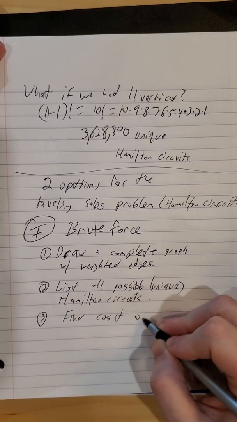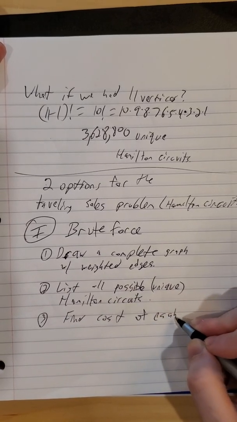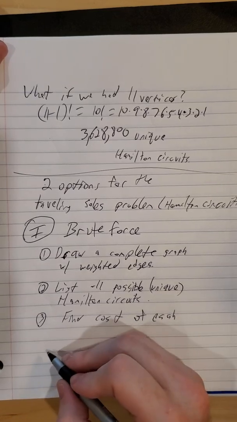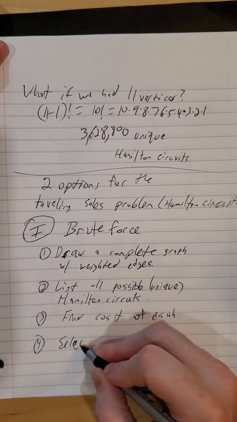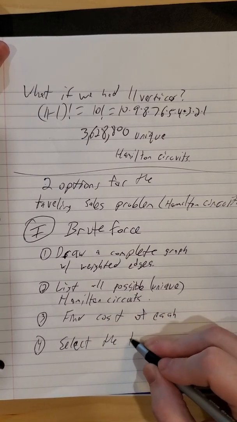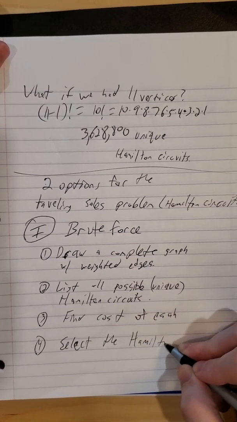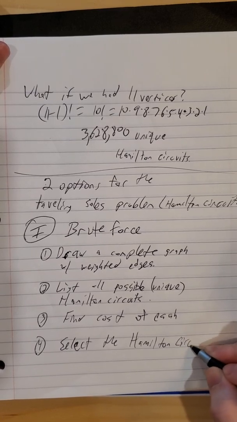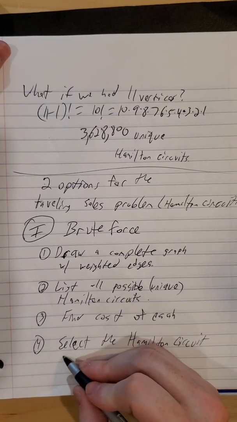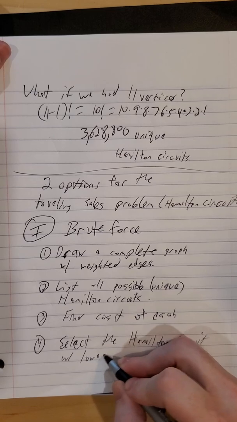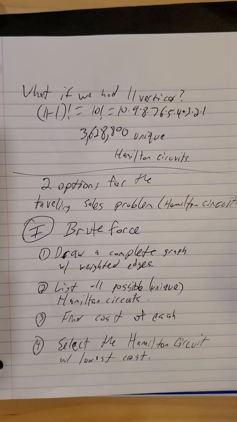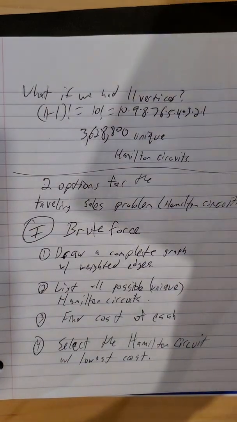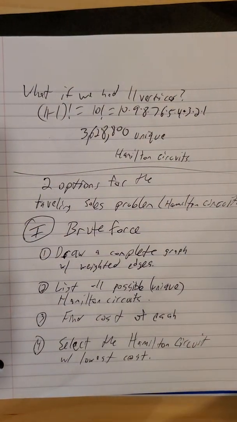Find the cost of each. And just pick the Hamilton circuit with the lowest cost. Distance, cost, whatever it is we're measuring, time.